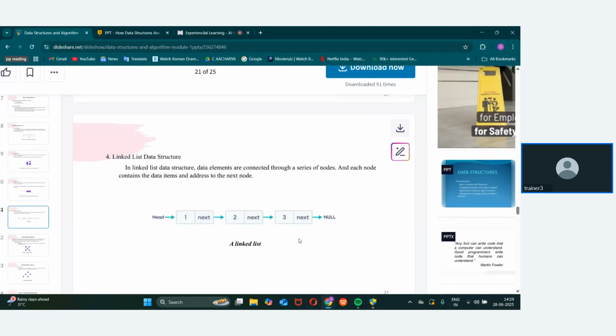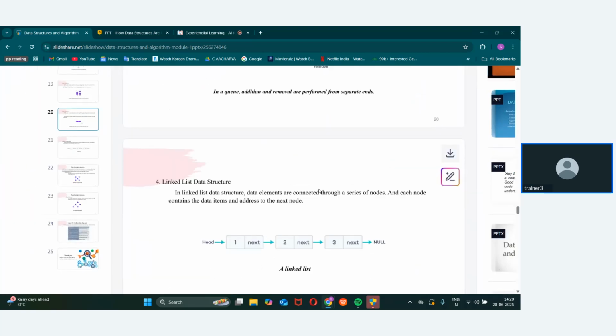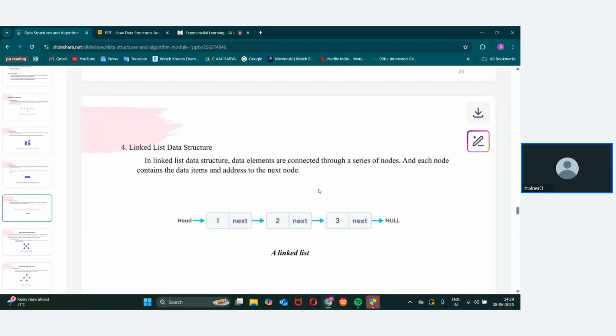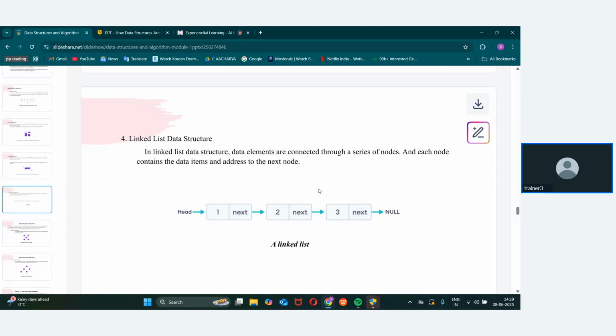That's it about queue. And then the last type of linear data structure is the linked list. I hope everyone is aware of what a linked list is. It contains nodes, like you see here. In a linked list data structure, data elements are connected through a series of nodes, and each node contains the data item and the corresponding address of the next node.